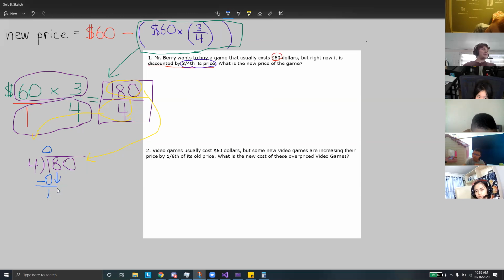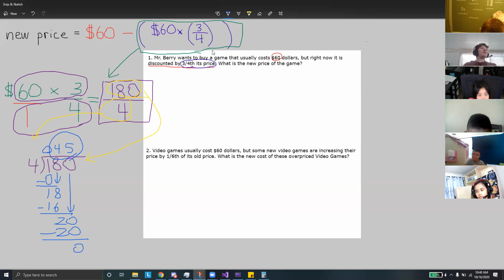Drop the 8. 4 goes into 18, 1, 2, 3, 4 times. 4 times 4 is 16. 18 minus 16 is 2. And drop the 0. 4 goes into 20 5 times. 5 times 4 is 20. 20 minus 20 is 0, so no remainder. And so 180 divided by 4 is 45.